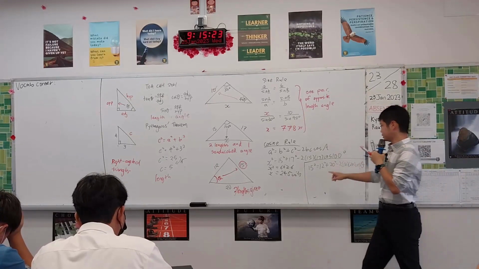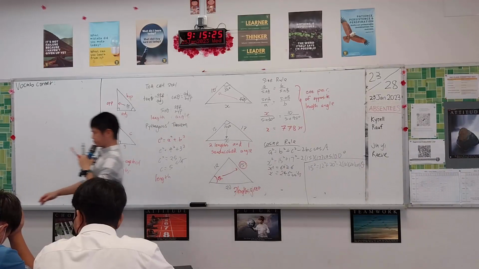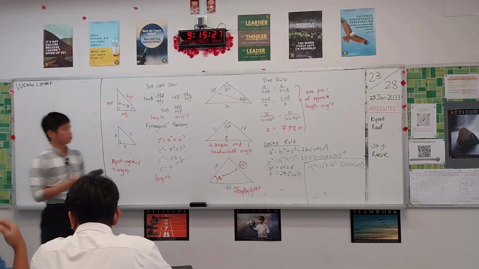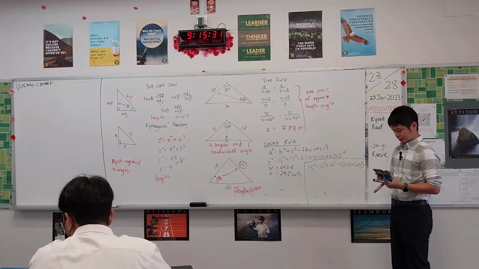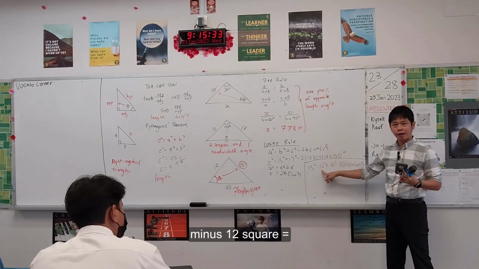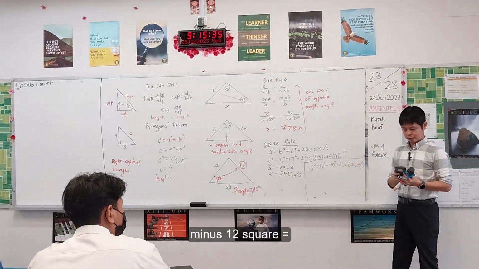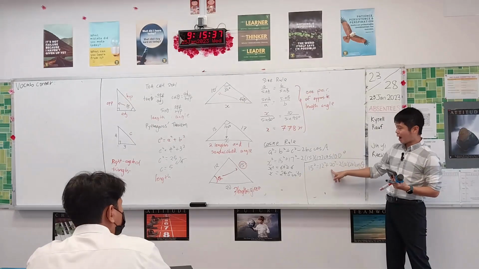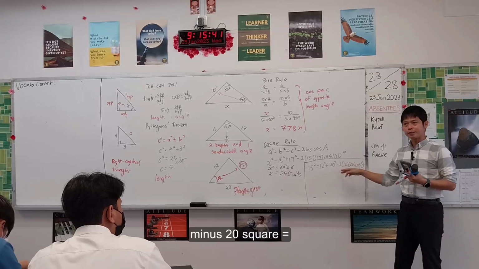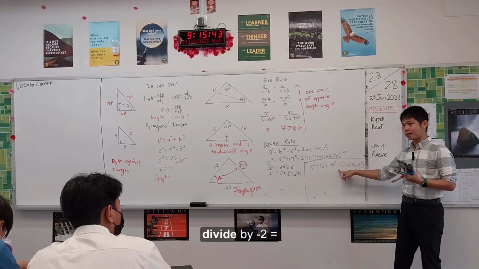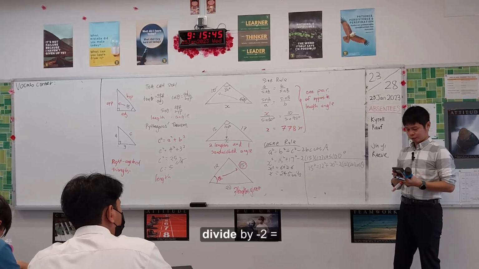So we will first press 15 square. And then we will minus away the 12 square. Then we will minus away the 20 square. But for this case here, we have to divide. We will divide by the negative 2.